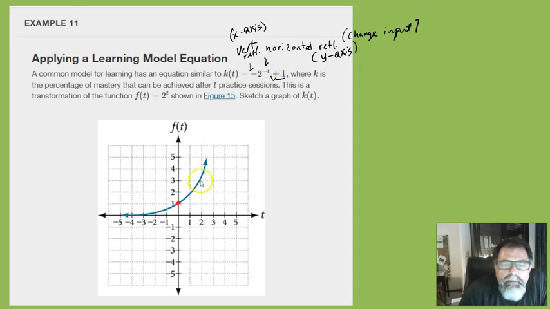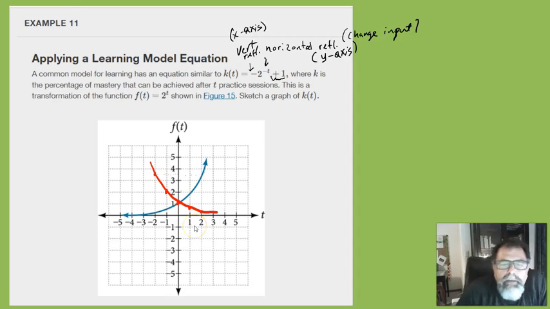This is at 2, so it's going to move to -2 right there. This one's at 1, so it's going to move to -1. This one's at -1, so it goes to 1, 2, -3. So that's going to be our curve from there.